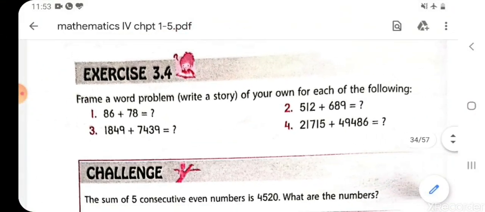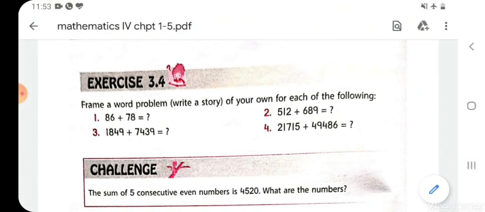This is the end of our chapter, and the rest, question number 2, 3 and 4, you will do yourself only. You will write a story or frame a word problem by yourself for question number 2, 3 and 4. Just one thing you have to keep in mind: keep the word problem realistic.